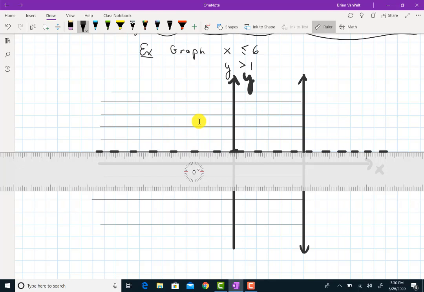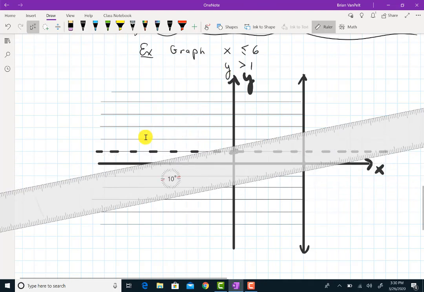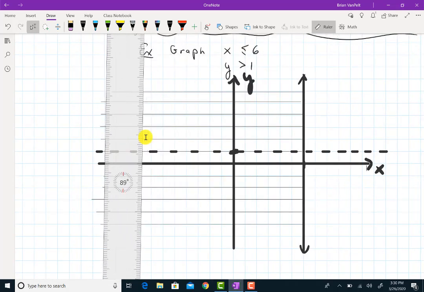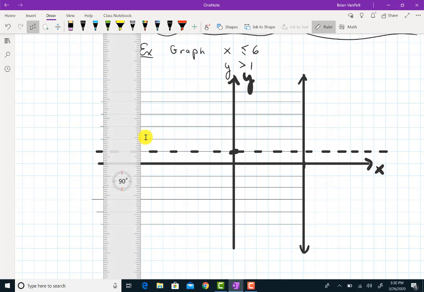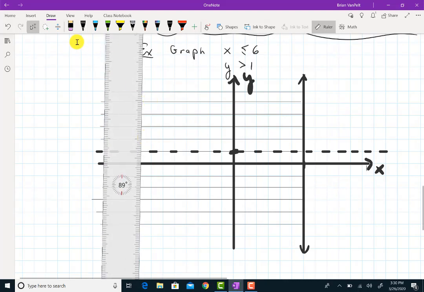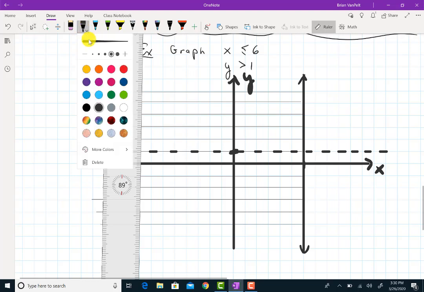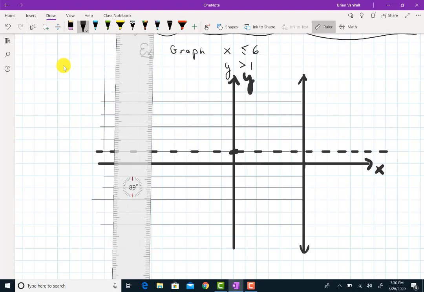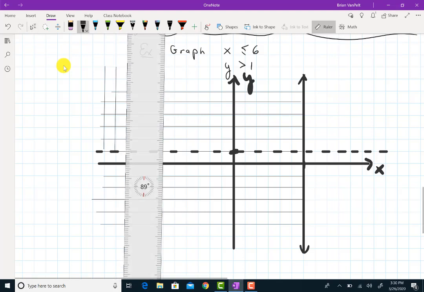And what you want to do here, since y is greater than 1, you want the y values to be bigger than 1. So just draw above that particular line. Let me go and get my vertical lines now, and they're only going to go to that particular line. So let me go ahead and choose my appropriate pen for this task. And here we go. But now keep in mind, you're only going down to the line y equals 1.